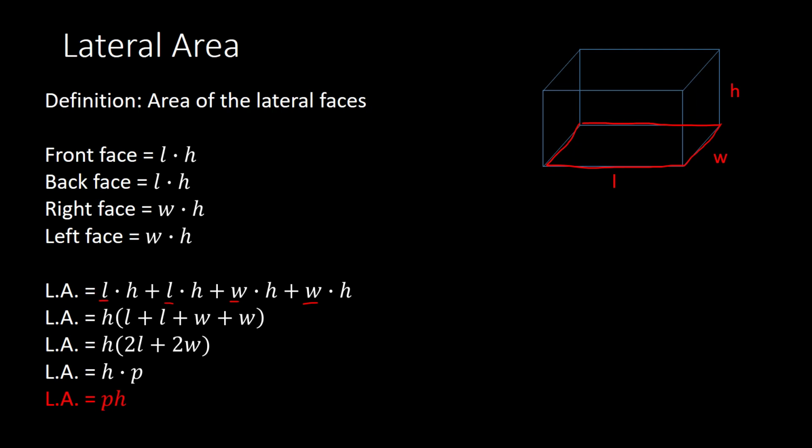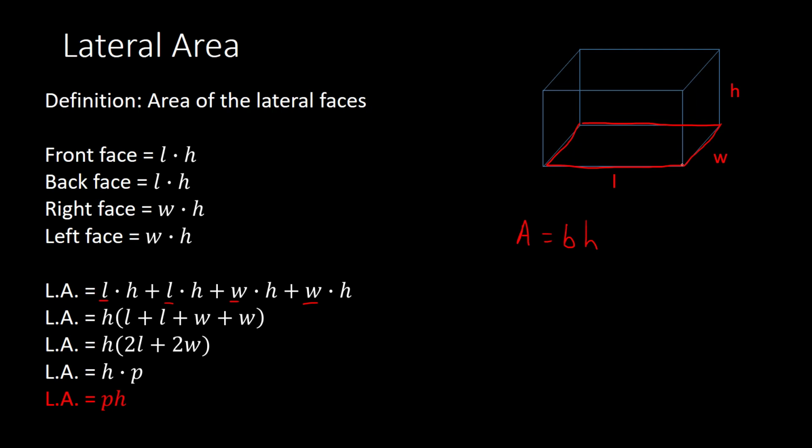And another way of maybe thinking of this is we have the 4 rectangles, and we know the area of a rectangle is base times height. And we have 4 rectangles in this picture for the lateral faces. We have the left, right, back, and the front. And instead of doing each rectangle separately, we are doing them all at one time.